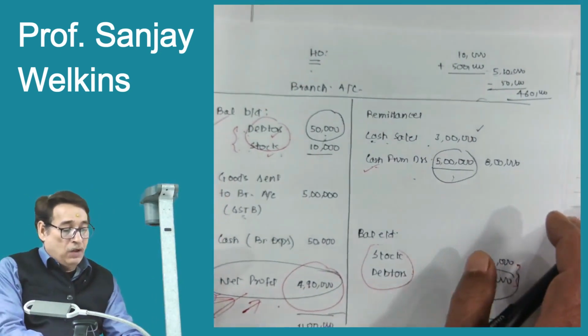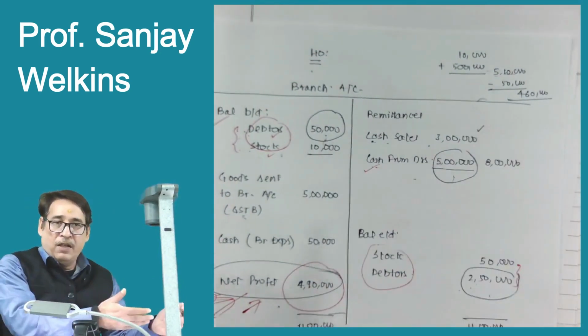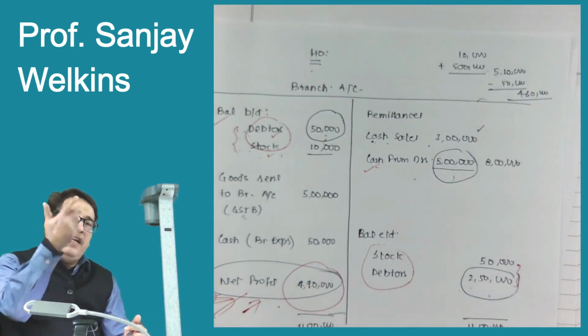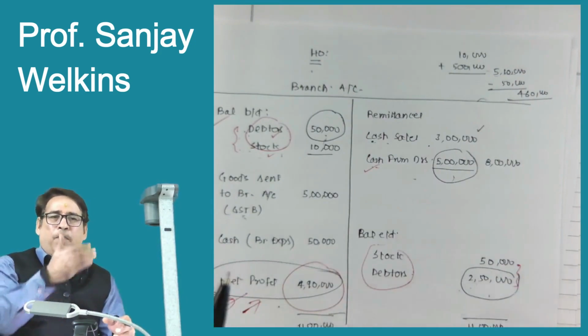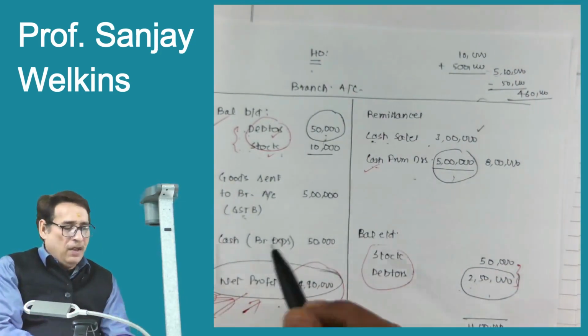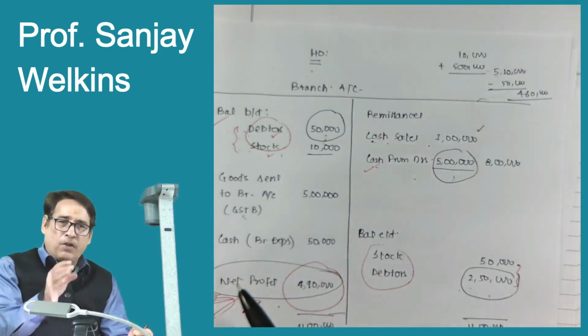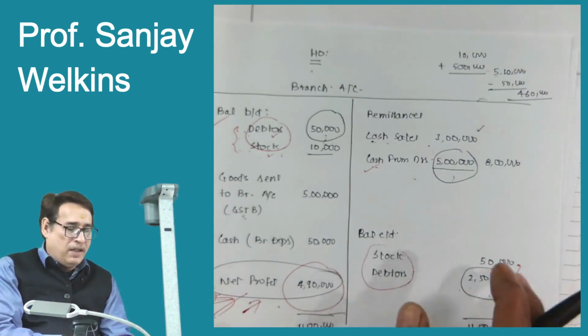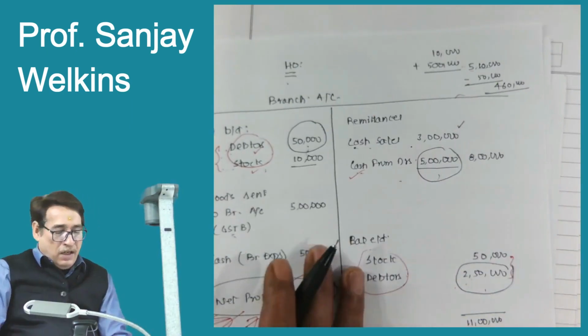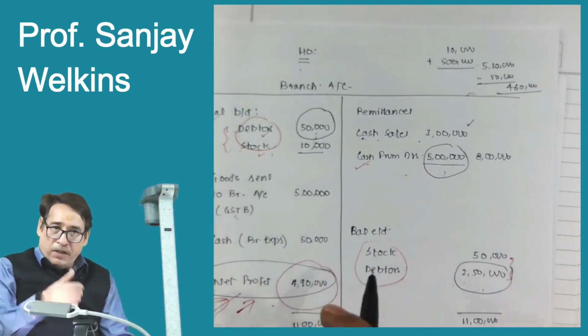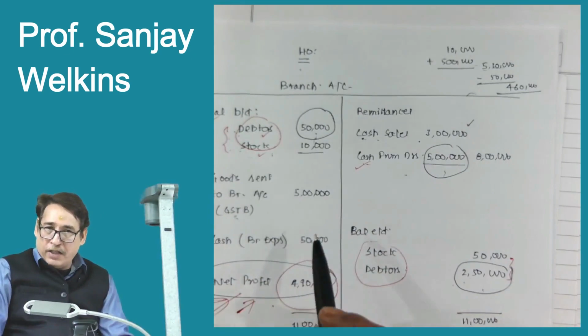See, opening stock plus goods sent, correct? Head office is sending the goods to the branch. For simplicity's sake, you take it that the branch is purchasing goods from head office, because you have a habit of calling it opening stock plus purchases minus closing stock, correct? Then you will understand. So you had 10,000 worth of goods in the beginning. 5 lakh worth of goods have been supplied to you by the head office in the current year.